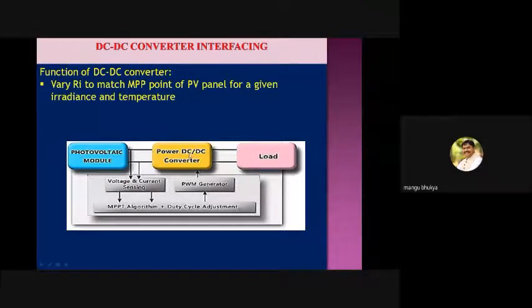Under that condition, even though you are extracting the maximum power from the panel, your load is not in a position to receive whatever power you are extracting. Then what to do?